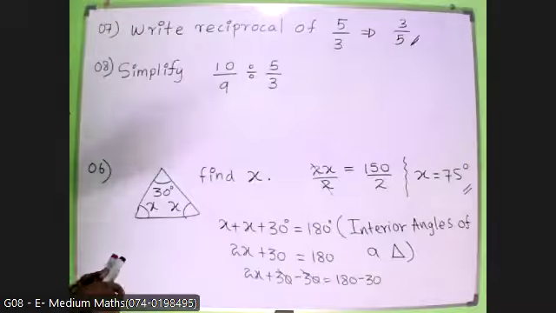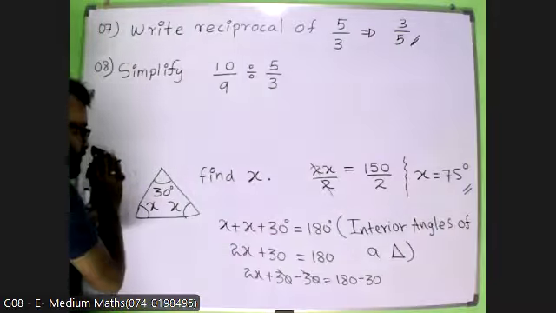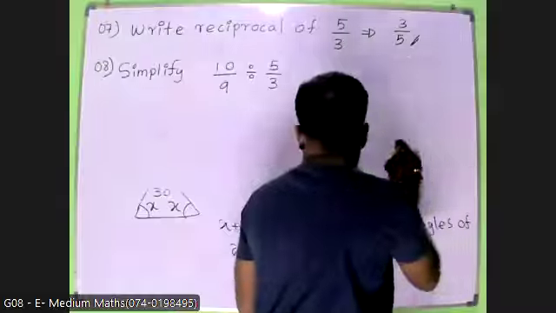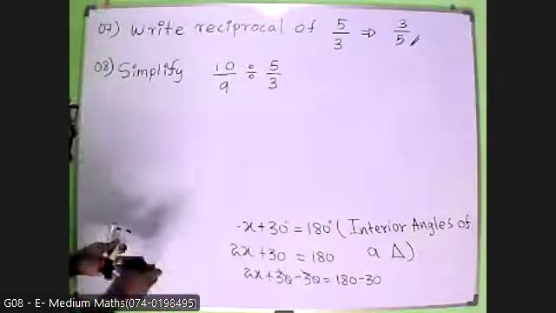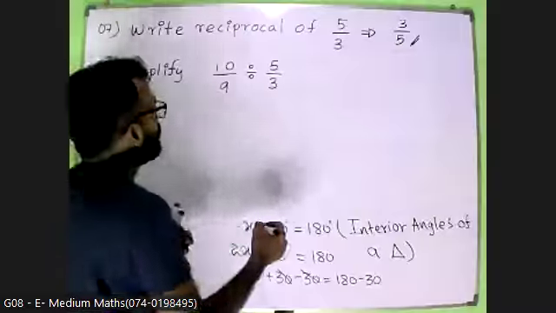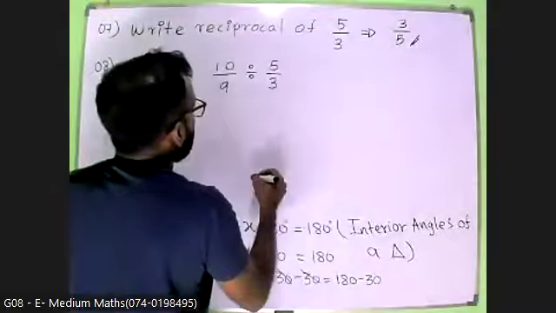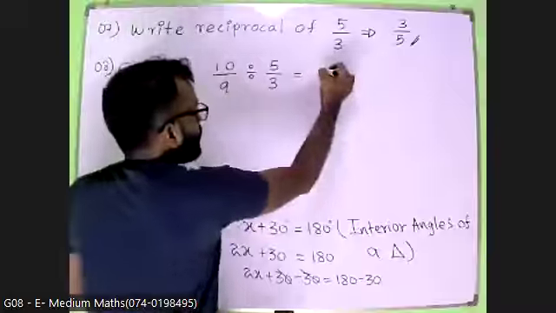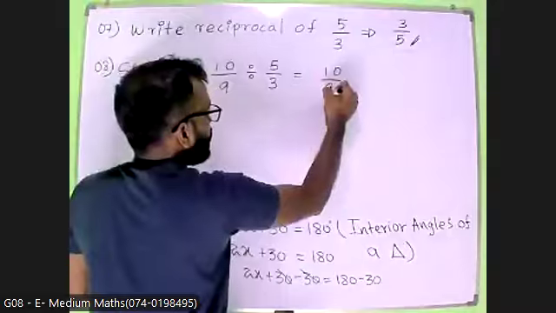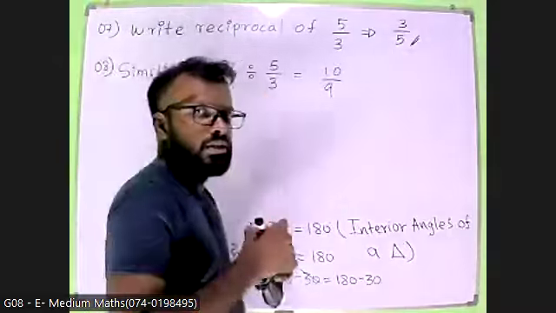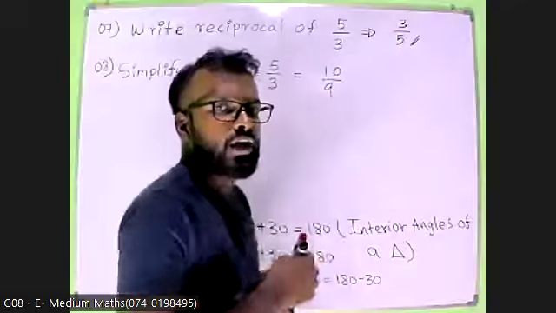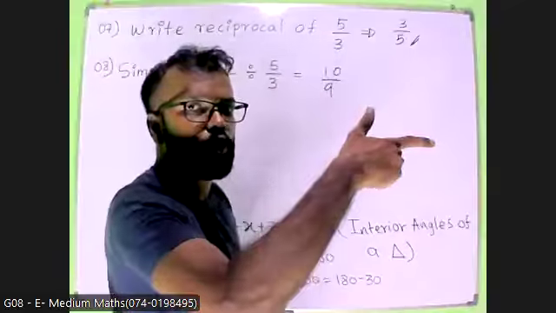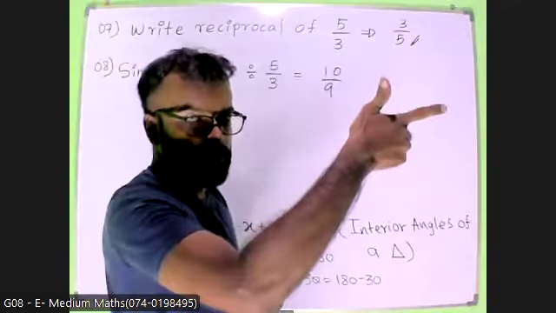These things have been done in the class. So how to do it? Let's do it. Equal mark. 10/9. This is division. Division can be converted into multiplication.